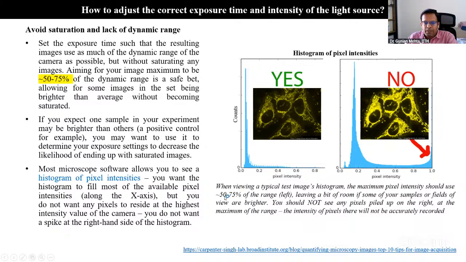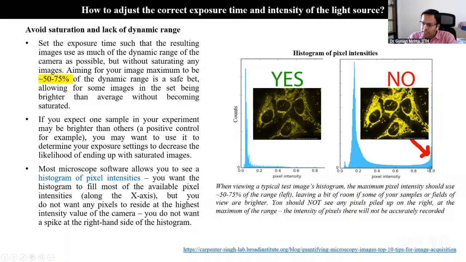It is recommended that you only use 50 to 75% of the range of this graph. So 50 to 75% means at least 0.5 to 0.75. Your pixels should be within this area only. It should not go above 0.8, because if you increase the fluorescence intensity of your light or lasers, or if you increase the exposure time, then you will see that slowly this graph will move towards the right, and eventually you will see that some of the pixels are saturated.